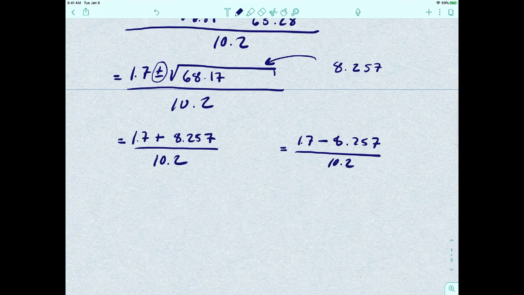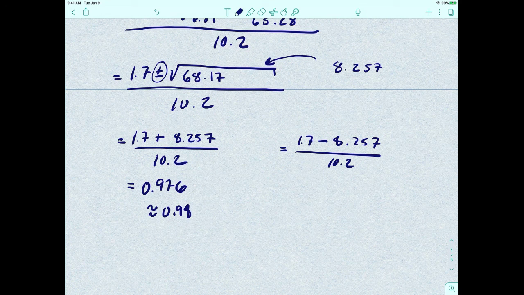Let's evaluate these two. 1.7 plus 8.257 divided by 10.2 is going to give us 0.976 as our answer. We have to write this with the right amount of sig figs. We had 2 sig figs going into this, so we need 2 sig figs. So this would be about 0.98.